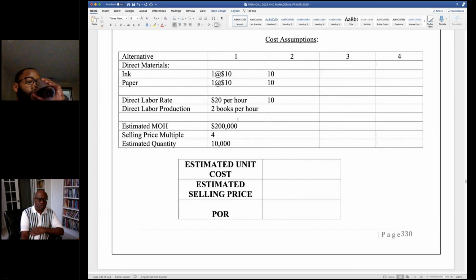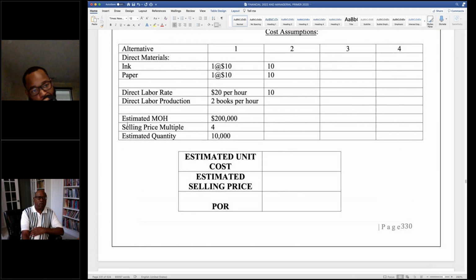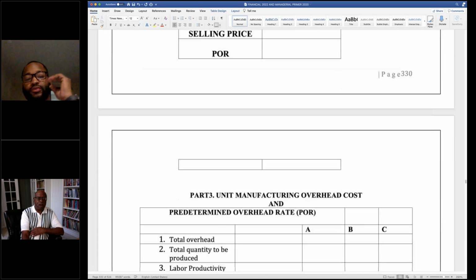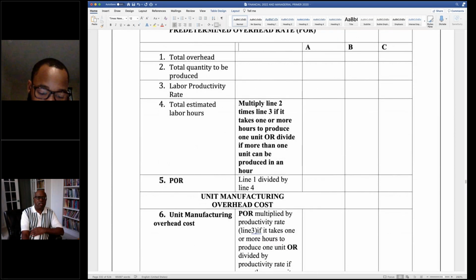So you've got this information here, correct? Now go through this chart to calculate your unit manufacturing overhead costs and your POR. Utilize this chart to do that.